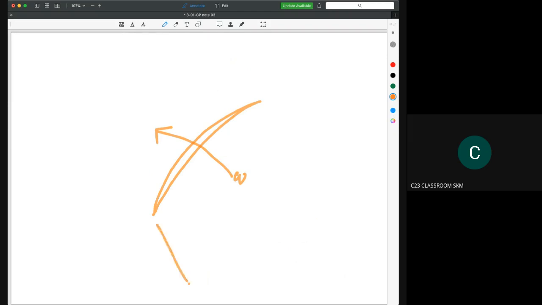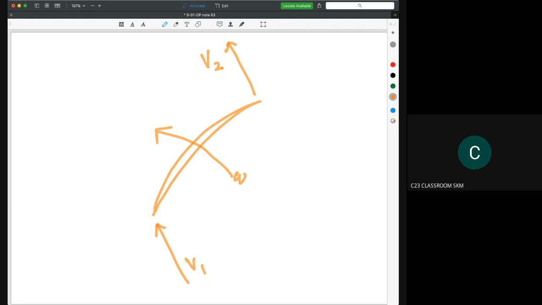Then we draw the absolute velocity, V1 here and V2 here. Because this is a sketch, it is okay not to draw exactly the angle and so on, but the direction must be correct. The direction must be like this. So this is about the velocity triangle.